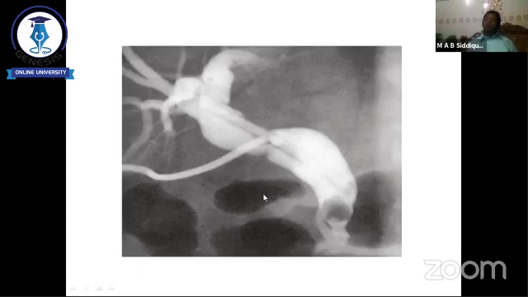As ERCP is more available nowadays in our country, if the stone size is within the limit, actually 1.5 centimeter, we can extract this retained stone by ERCP easily.